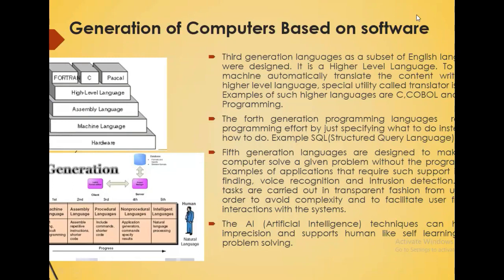So it is easy to learn and to work with. That is why the earlier limitations of assembly and machine language were removed using higher level language. Some examples of higher level language are C, COBOL and Java. Now COBOL is not much used, but C and Java are still in the market and they are popular.